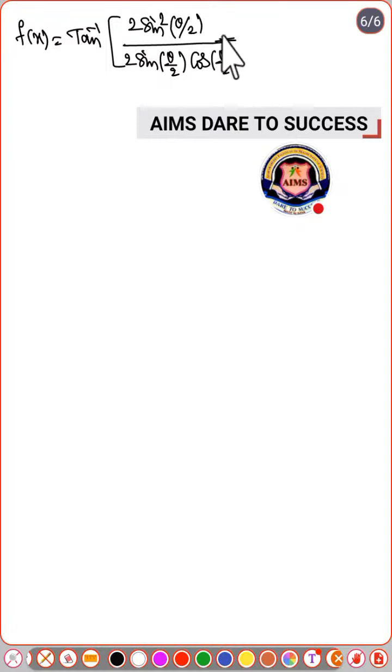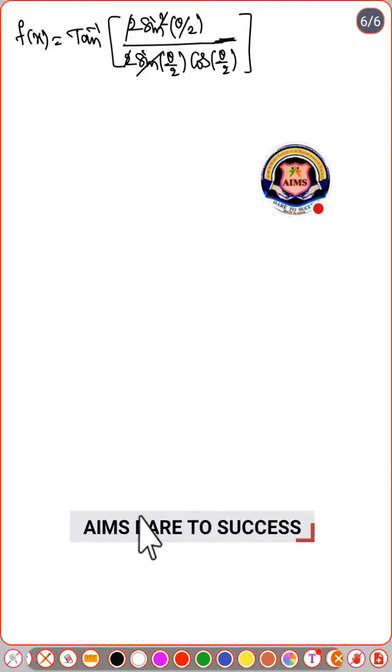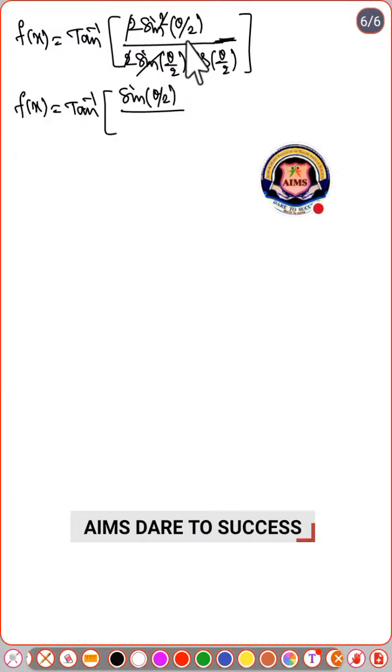Just now I showed you the formulas. Here the 2 gets cancelled and one sin gets cancelled. So f of x is equal to tan inverse of the remaining value: one sin gets cancelled, leaving sin theta by 2 divided by cos theta by 2. That is tan inverse of sin by cos, which is tan, so sin theta by 2 by cos theta by 2 is tan theta by 2.